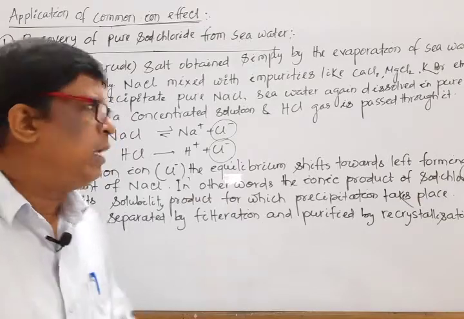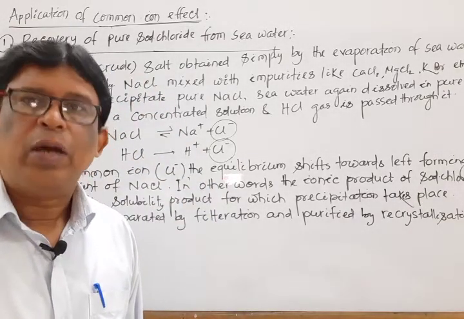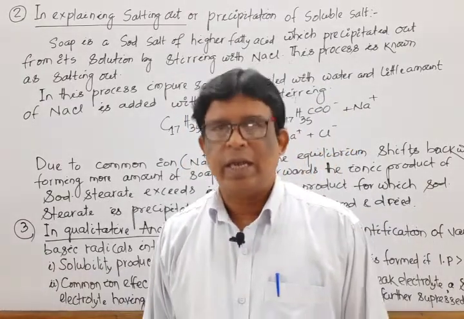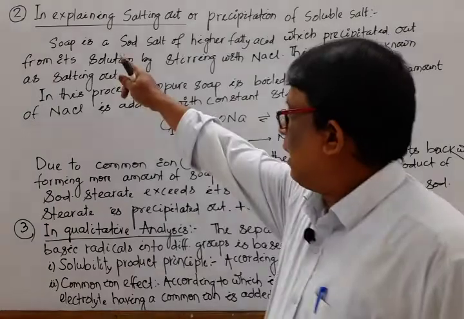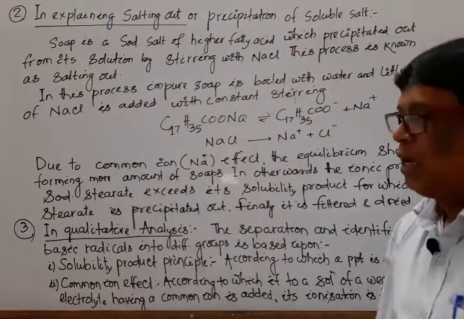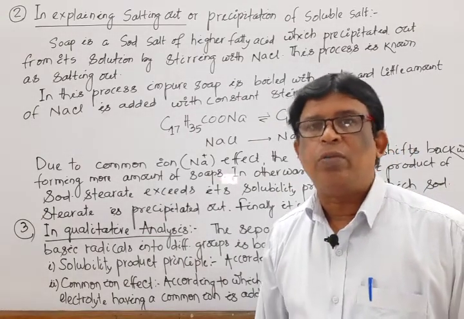That is the first application, recovery of pure sodium chloride from seawater. Next, move to the second application, that is in explaining salting out or precipitation of a soluble salt. What do you mean by salting out of soap?